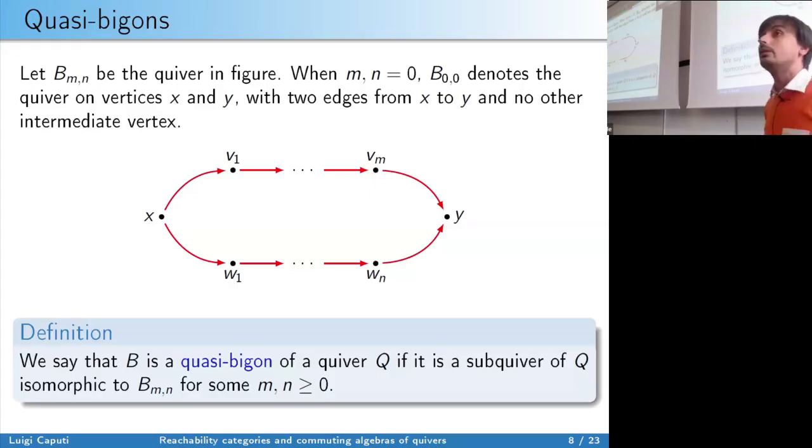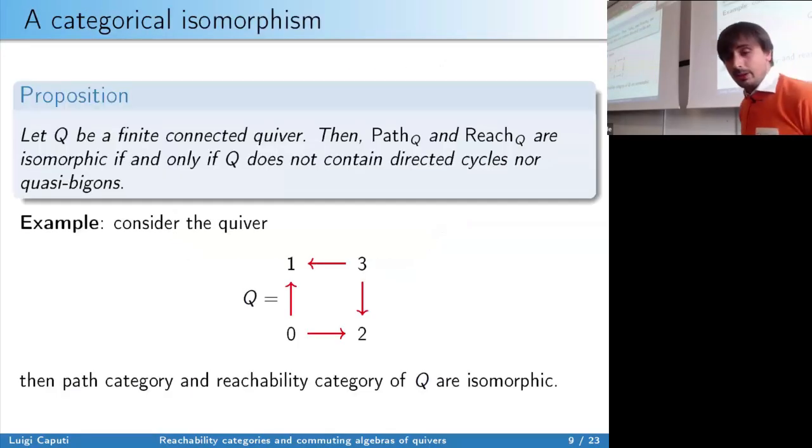And we are interested in this sort of sub-quivers in our given quiver. And the reason for this is that if you start with a connected and finite quiver, then the path category and the reachability category are isomorphic if and only if the quiver you started with has no directed cycles and no quasi-bigons. So we have, let's say, a generalization of Ortega's result, but in categorical terms.